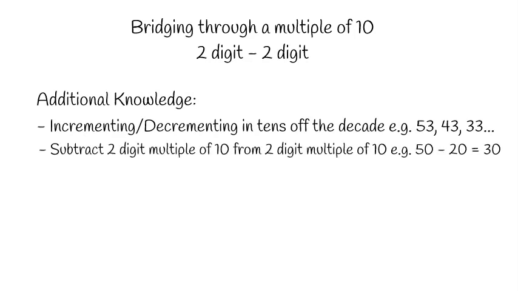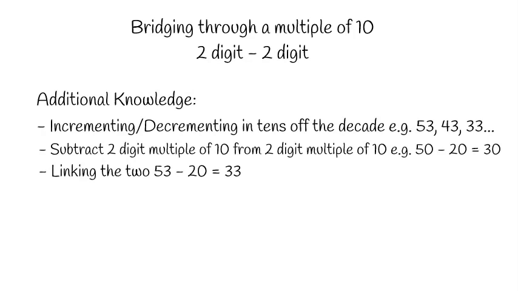The pupil can already subtract a 2-digit multiple of 10 from another 2-digit multiple of 10, for example, 50 take away 20, and so on, but now needs to join this up with their decrementing in tens skills. With the other skills that the pupil now has, making this leap and applying it to something like 53 minus 26 should be much easier, but I would still return to the teaching model.